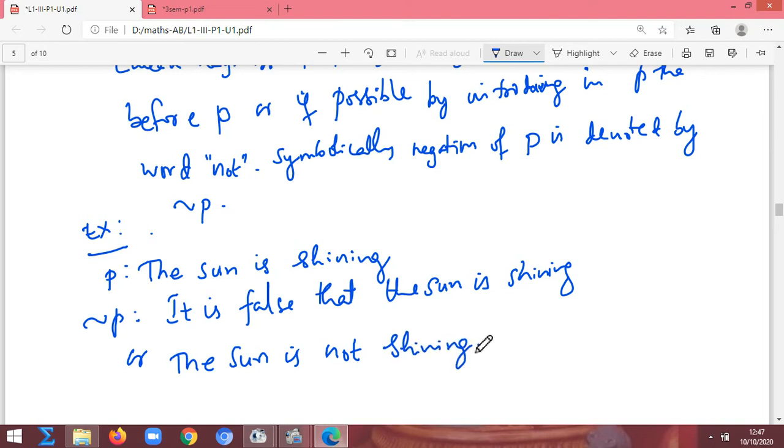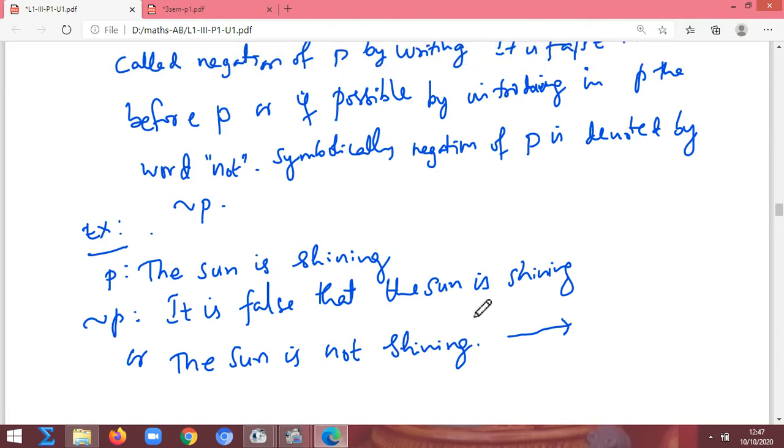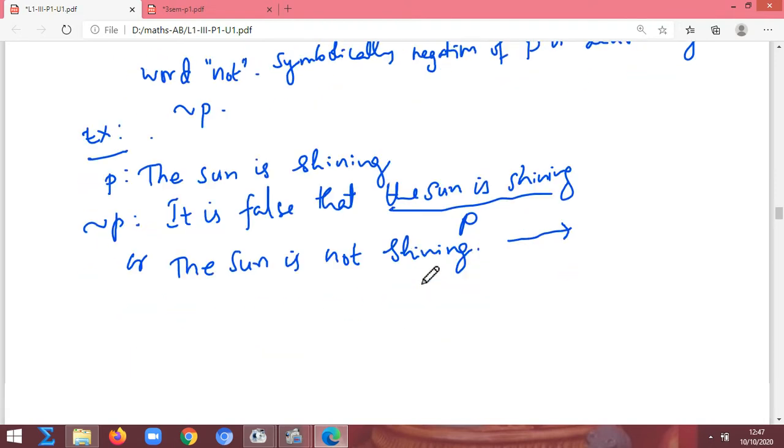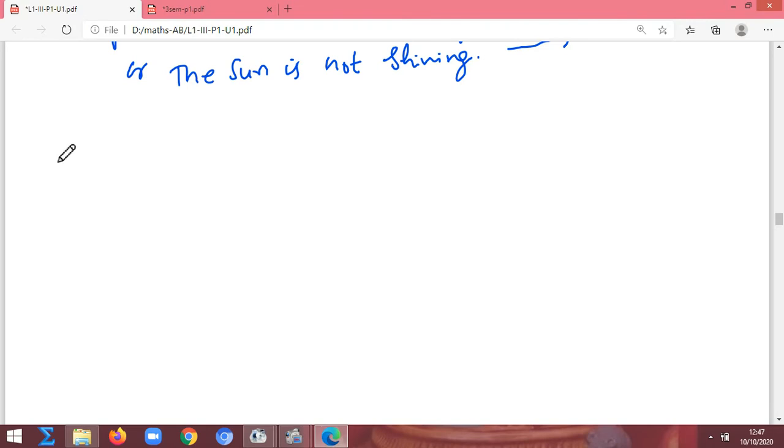More commonly this form of negation is used. So more commonly we use not in the statement to negate a statement. Sometimes where not cannot be used, we say that it is false that the statement P. Okay. So it is false that P gives you negation. Okay. Yeah. So let us see one more example.